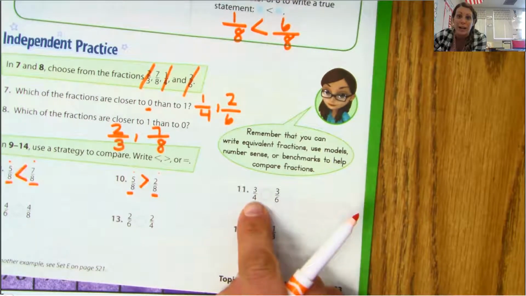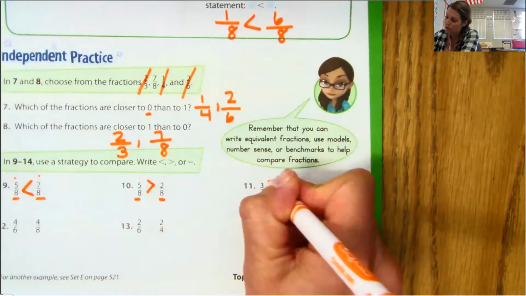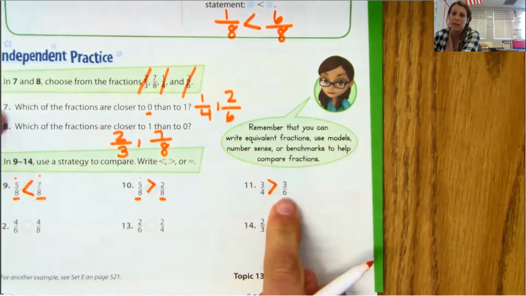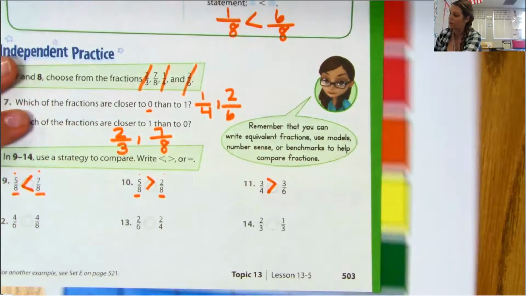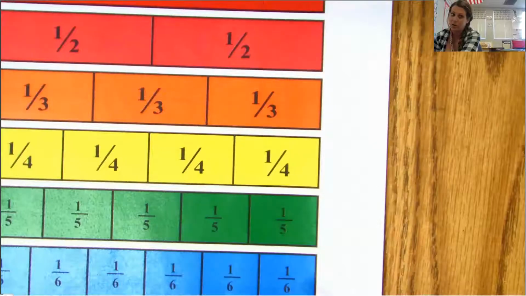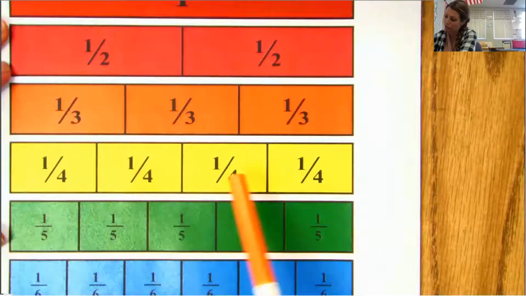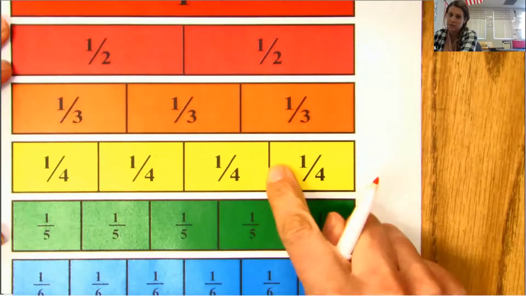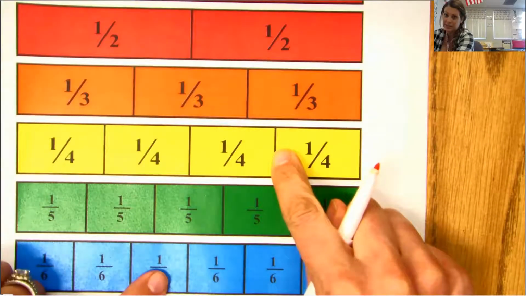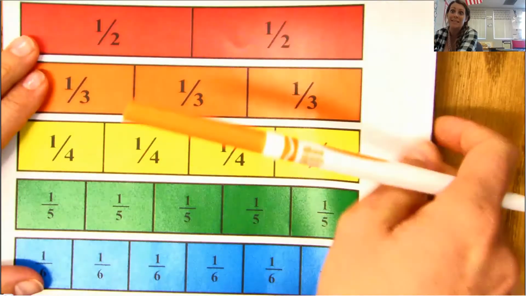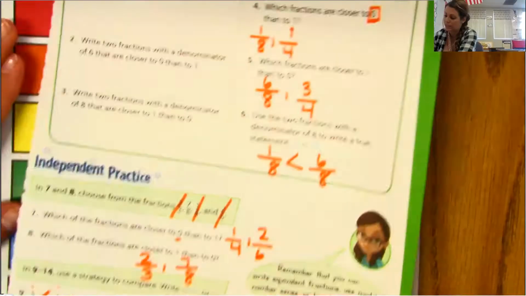That's the greater fraction. Okay, so 3/4 is greater than 3/6. And if we look, we've got 1, 2, 3/4, and then 1, 2, 3, 6. 3/4 is greater. Okay, so we think opposite if the numerator is the same.